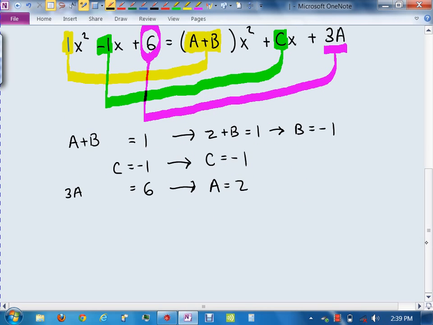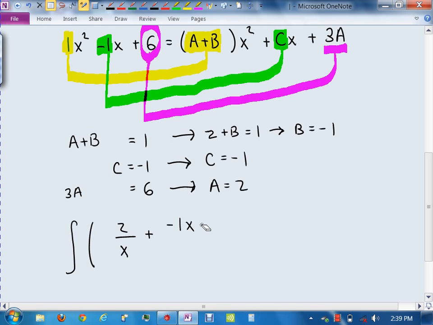So the original problem becomes the integral of A, which is 2, over, I forgot, is it just x? Yeah, because we had factored out the x, right? And then plus bx, which is -1x, plus c, which is -1.